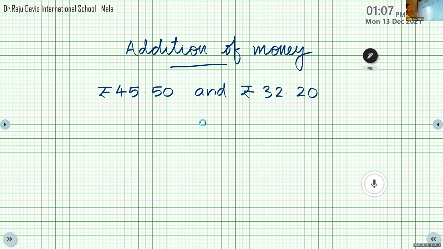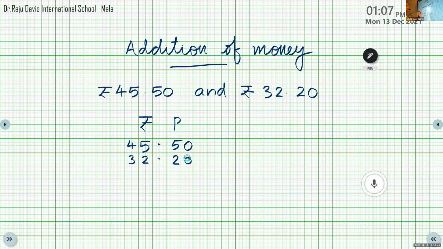The first amount is 45 rupees 50 paisa. So let's write 45 rupees, then the dot, then 50 paisa. Then the second one, 32 rupees point 20 paisa.